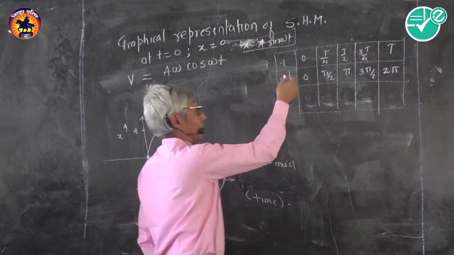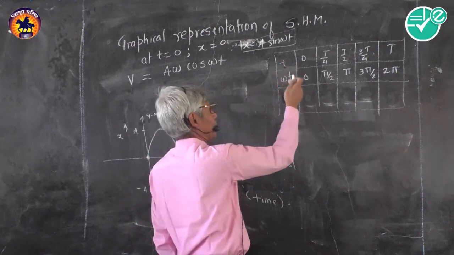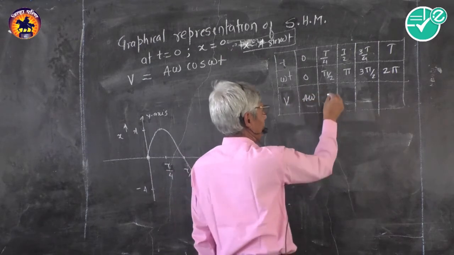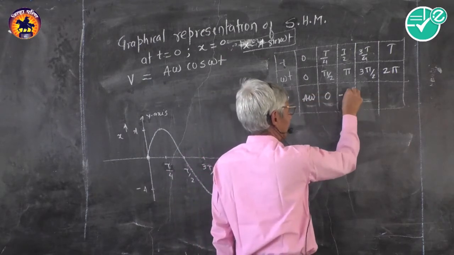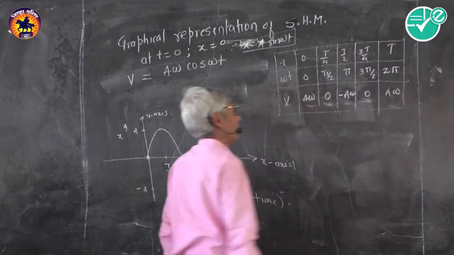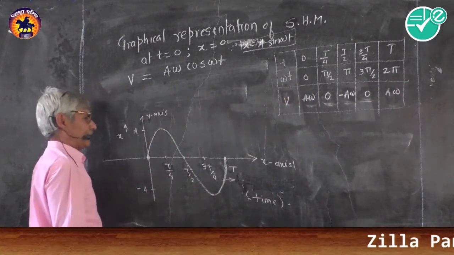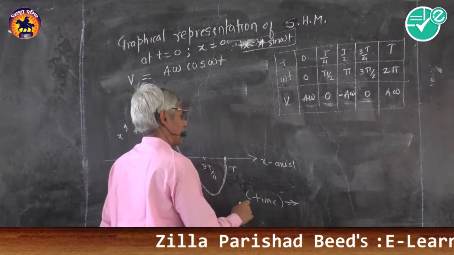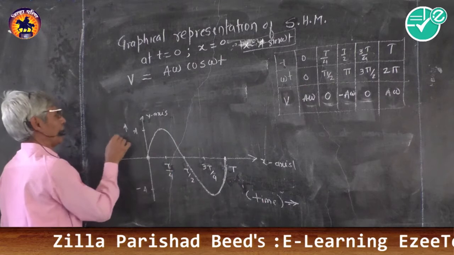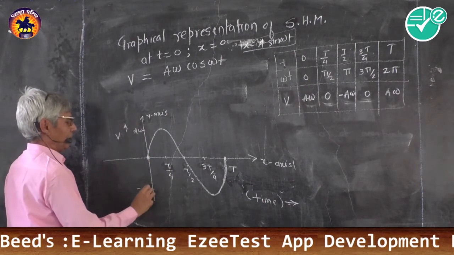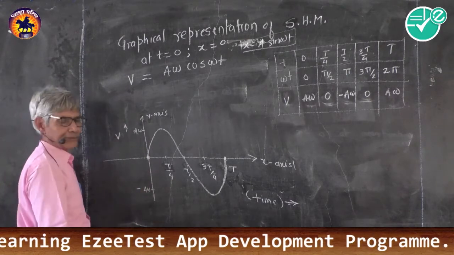Similarly, for the different instants, at t equal to 0, omega t equal to 0, velocity will be a omega, 0, minus a omega, 0, a omega. If we plot a graph which represents the variation of the velocity with respect to time, by taking time along the x-axis and velocity along the y-axis, then this represents a omega and this is minus a omega.